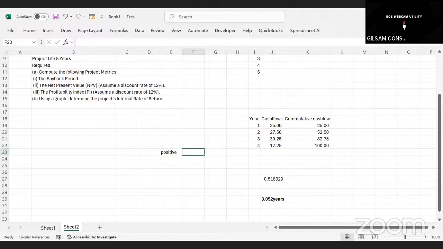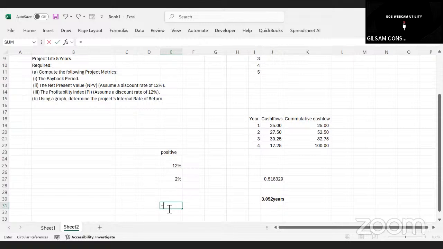So you remember the other one was 12%, but you are getting a negative NPV, which means you will reduce this rate maybe to 5% or 2% so that you can get a positive NPV. So once you get a positive NPV, then you apply the formula of the lower rate.